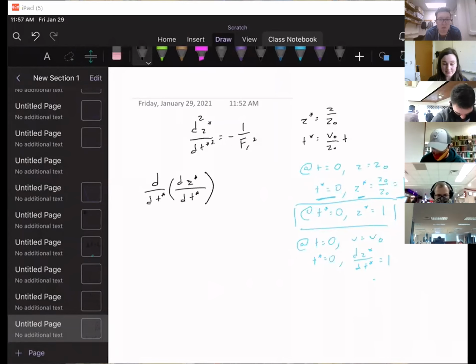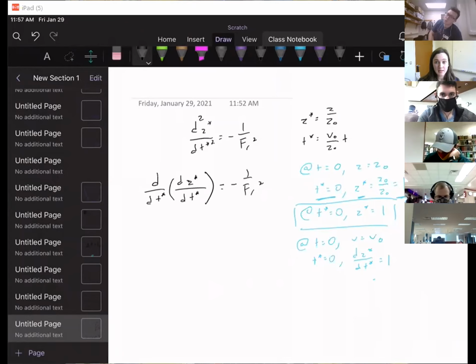All I'm saying there is that the second derivative is just the derivative of the first derivative. That is equal to -1 over Froude number squared. Why it helps to write this out is otherwise you will be tempted to just put this dt squared over on the other side, but that will not work out for you.